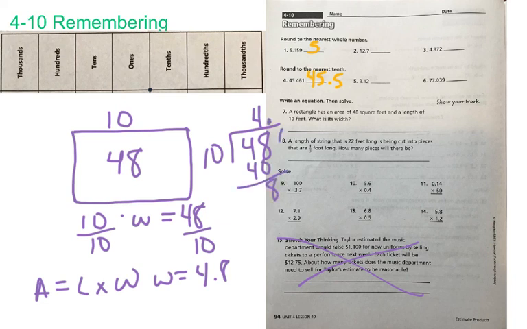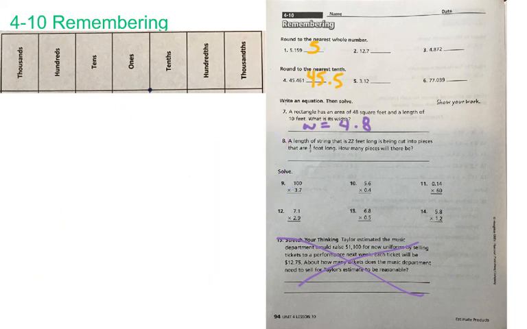Put a decimal on the line, add a 0. 10 can go into 80 8 times, because 10 times 8 is 80, so you're left with 4.8. And so it has a width of 4.8. And again, here's your equation, and it would be just that 10 times W equals 48, because you're solving for the width. And you just have some multiplication and decimal practice.